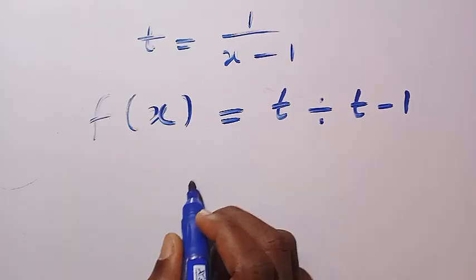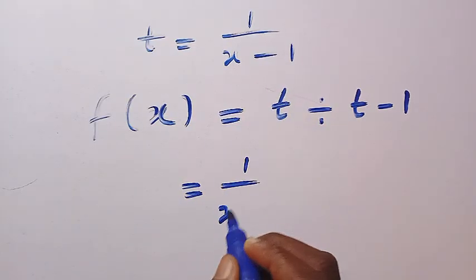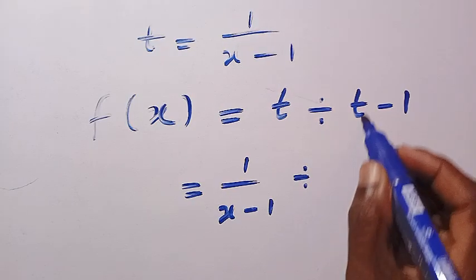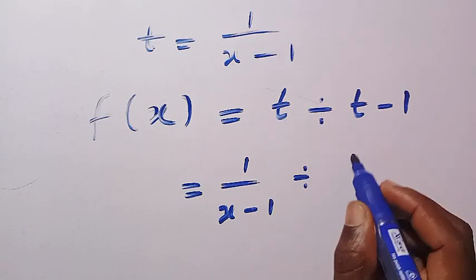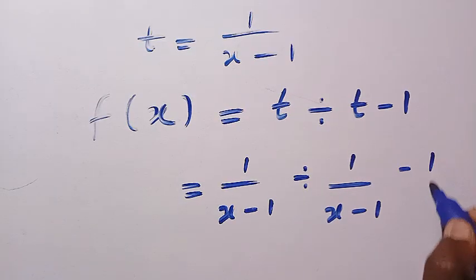After this, we have f of x equals, instead of t, 1 divided by (x minus 1), then divided by, t also is 1 divided by (x minus 1), then minus 1.